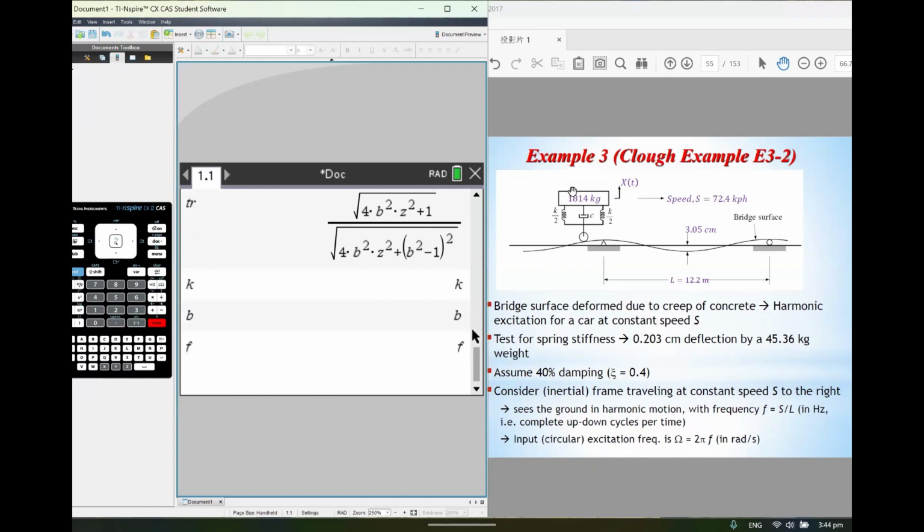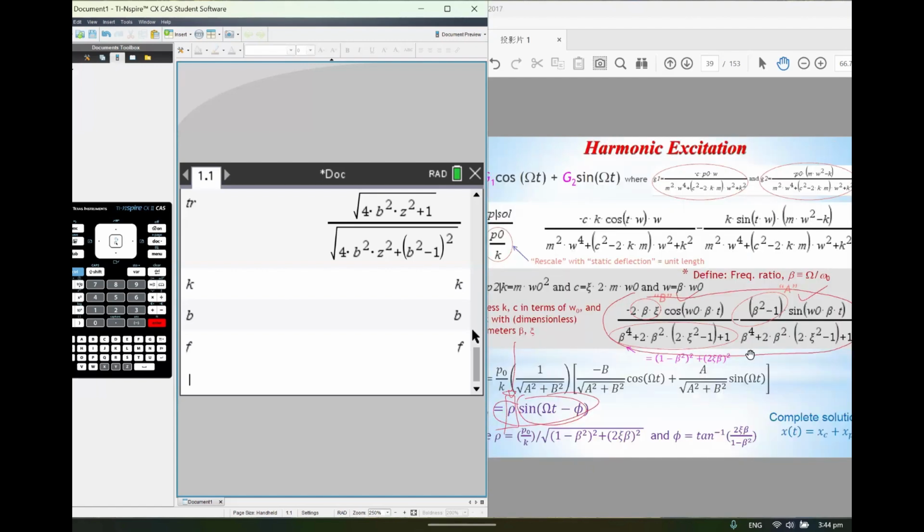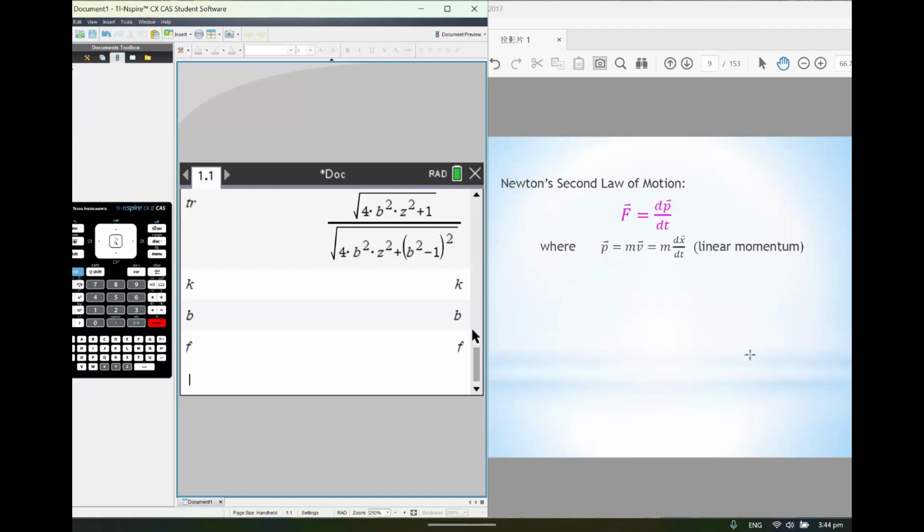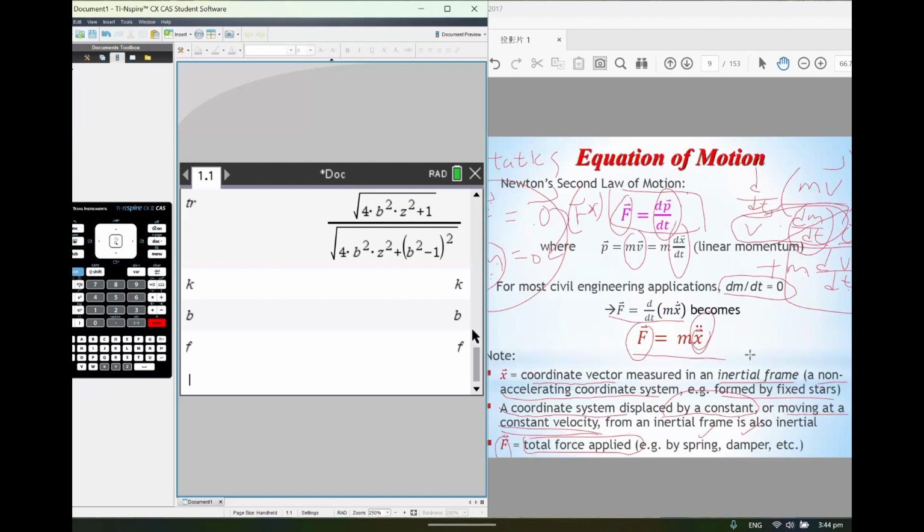Now let's look at this example here. You have a car modeled as a spring mass damper system going across a bridge whose surface has become a slightly sinusoidal shape because of a creep of concrete. Let's not forget that in the very beginning of this course, we mentioned that we can move to any inertial frame of reference and state our equation of motion in Newton's laws.